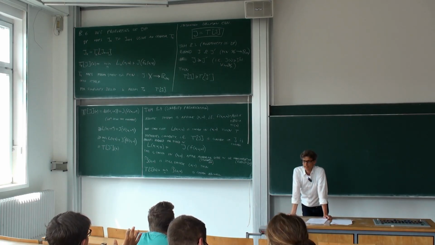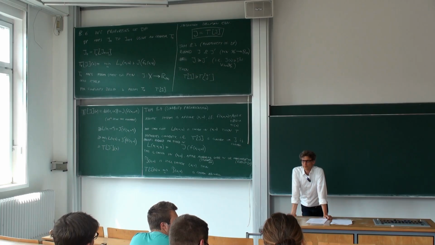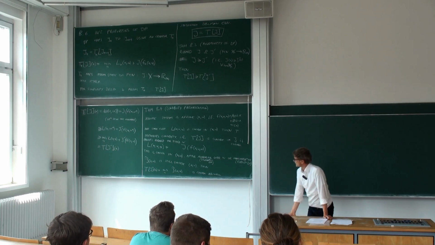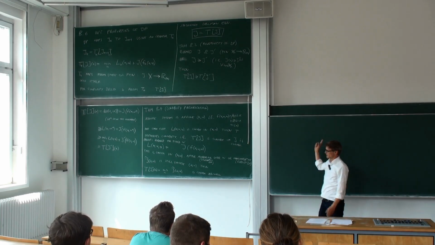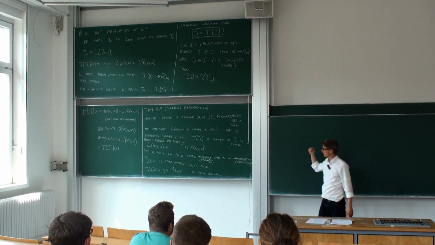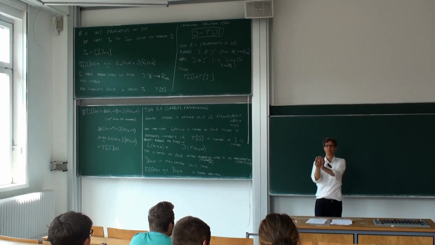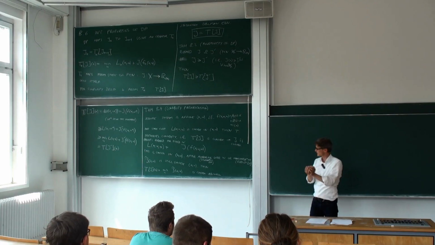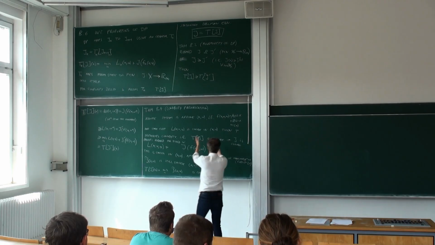Yes? So would that also work for quadratic functions if J was quadratic? Yes, exactly. You remember just before the break, I mentioned at some point we expect the P to be positive definite, right? Here we have proven it.